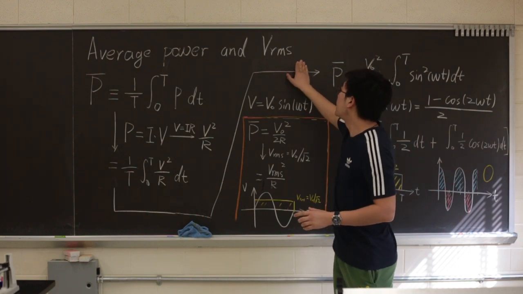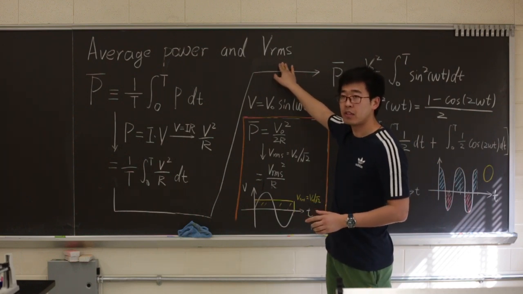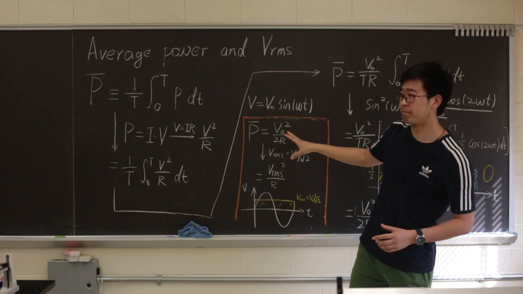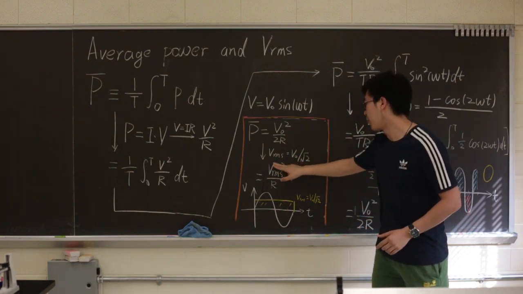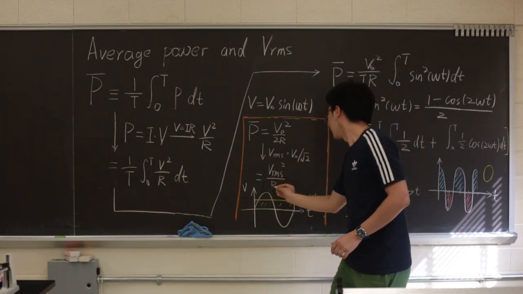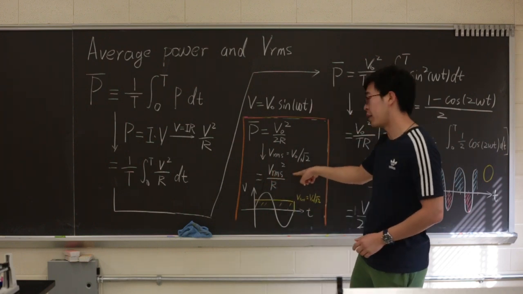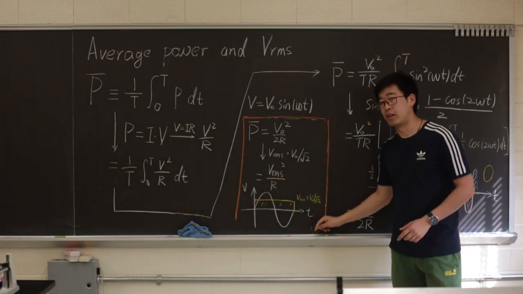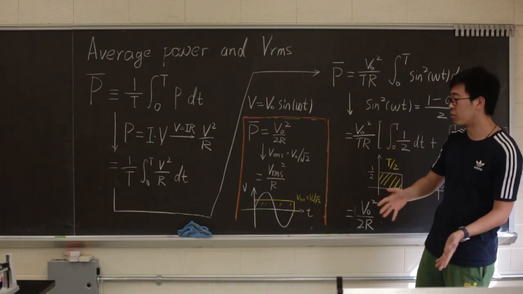If we use the DC of V RMS, it will produce the same power. That's why we end up having an average power equal to V RMS squared over R, which is the normal power equation.